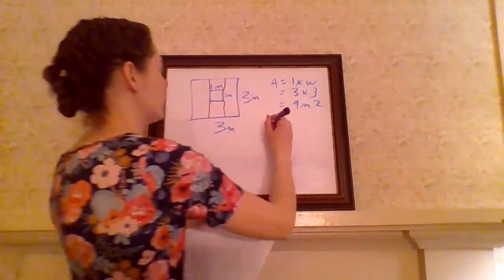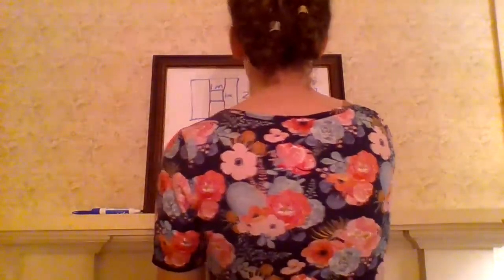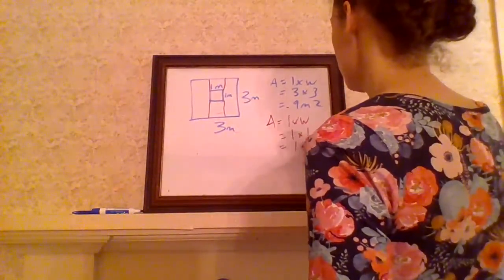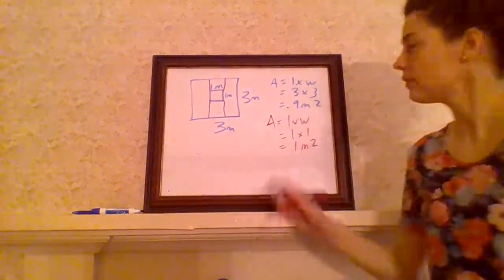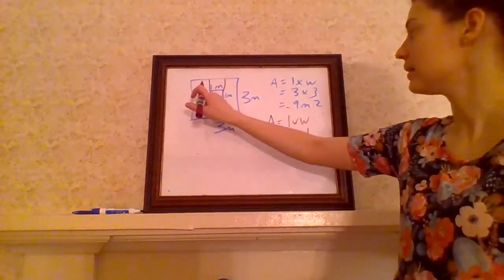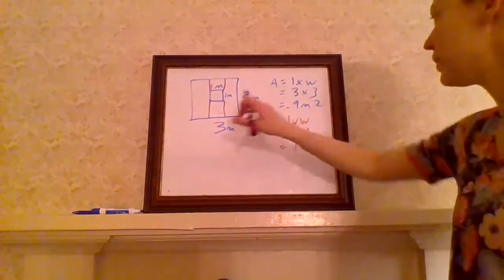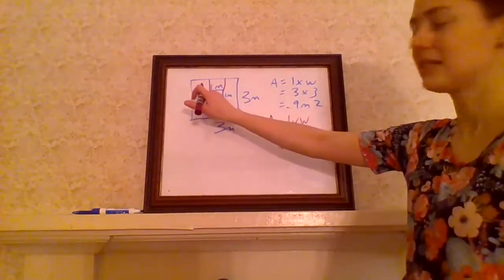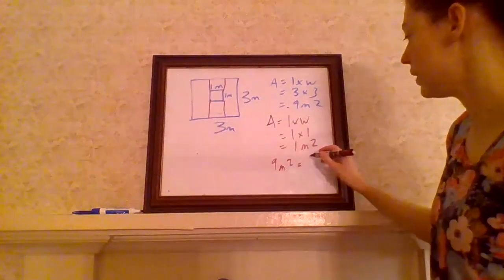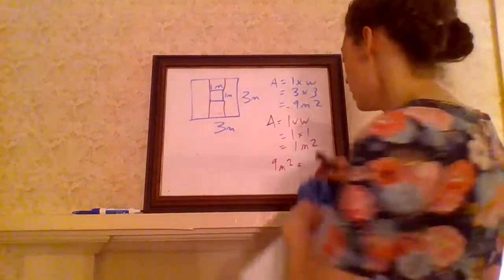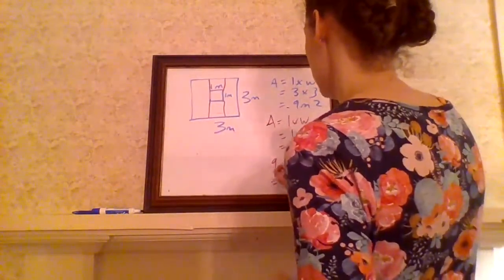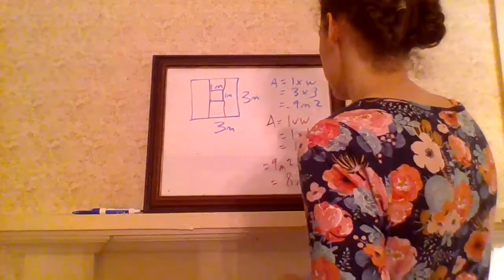So what is the area of that missing hole? That is length times width, which is 1 times 1, 1 meter squared. So if the whole shape is 9 meters squared and the missing part is 1 meter squared, we can subtract that: 9 meters squared minus 1 meter squared, and we will get 8 meters squared.